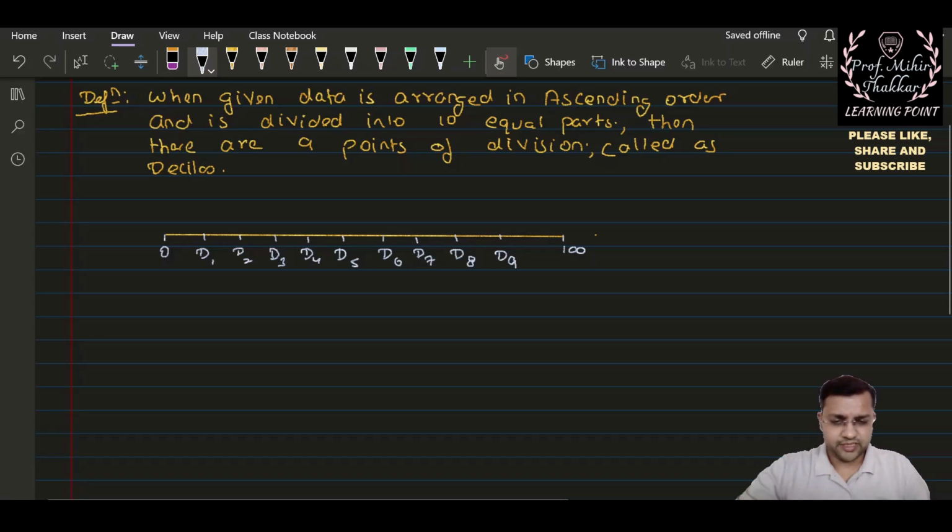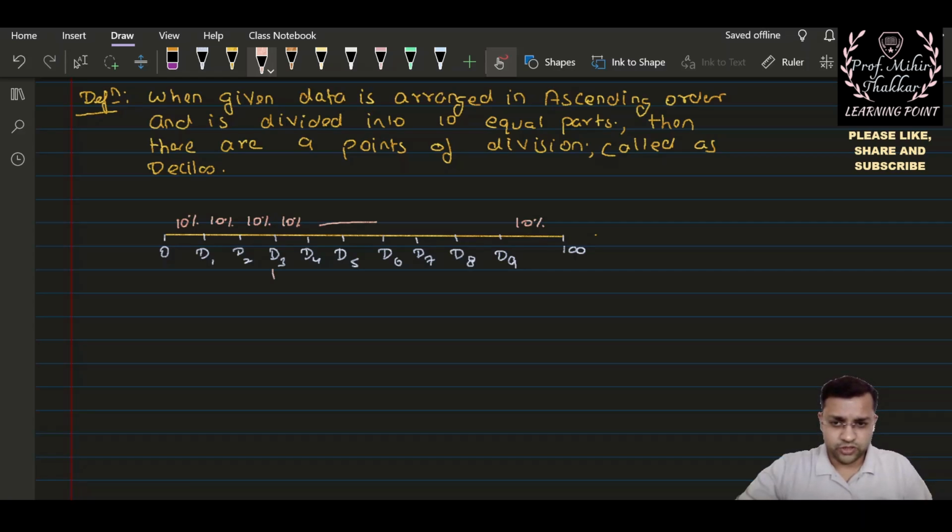So when I divide the entire scale into 10 equal parts, there are 9 points of division called deciles, and each part will consist of 10% of the total data. Each part consists of 10% of the total data.